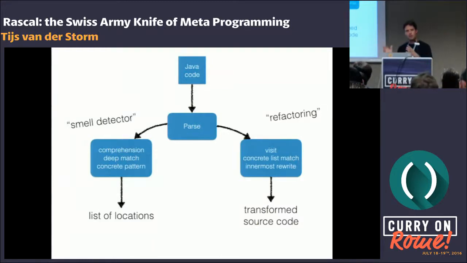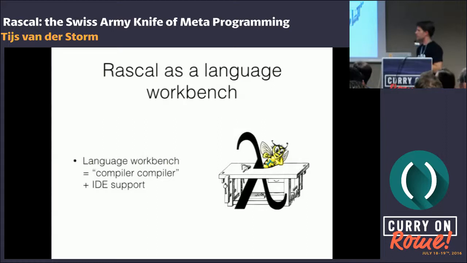However, there's also another use case for Rascal, which is more from the forward engineering perspective, where you want to build new languages to make software construction better. And these new languages are often domain-specific languages or little languages, if you like. And this is where Rascal as a language workbench comes in.